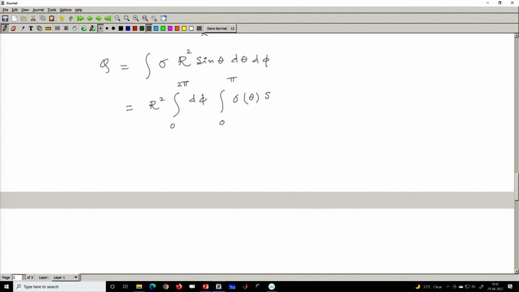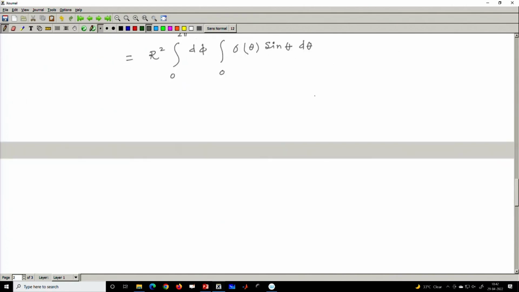Apart from that, we have a sin theta term here: sigma of theta, sin theta d theta. So from here we have 2 pi r square, and then integration 0 to pi of sigma of theta.